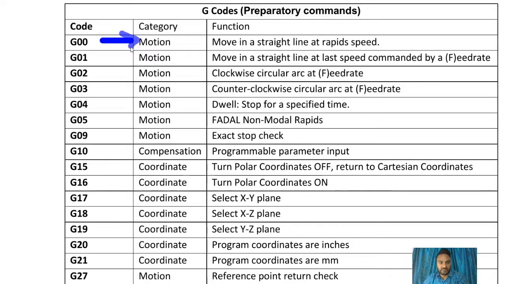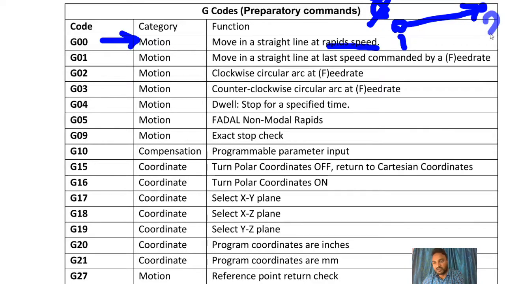that is a motion type of command and controls the signal at fastest speed. So that is rapid speed or maximum speed from one location to another location. At what location it has to go, we have to supply. Suppose the tool is at one position and you intend to send it to position 2.